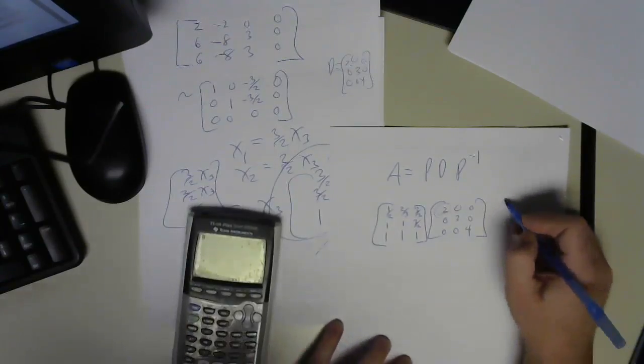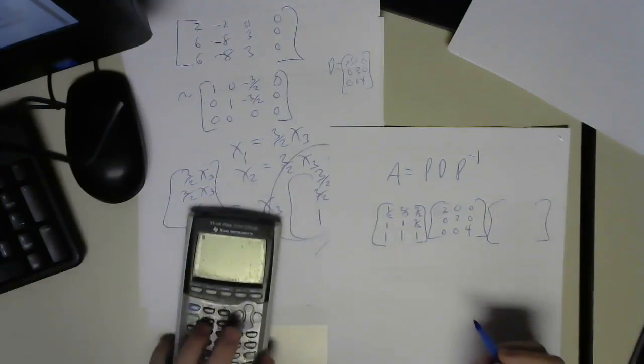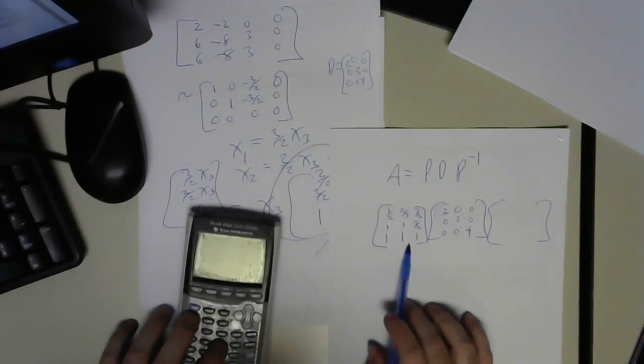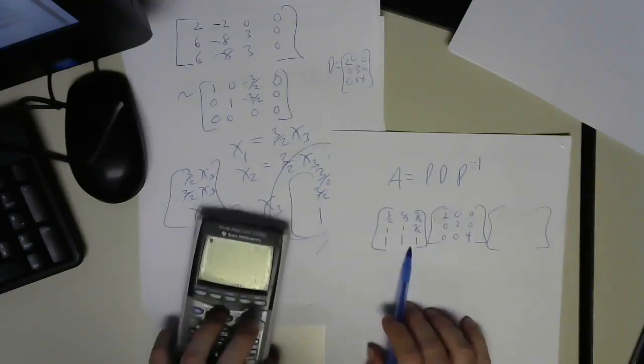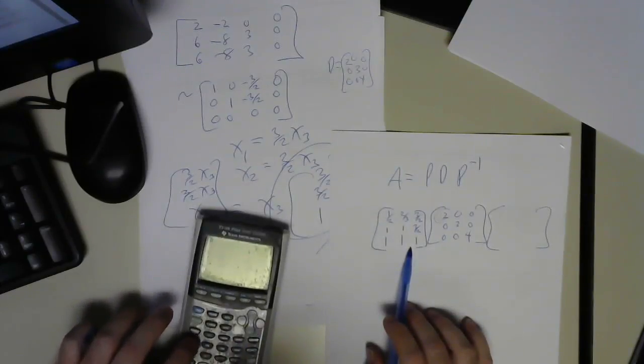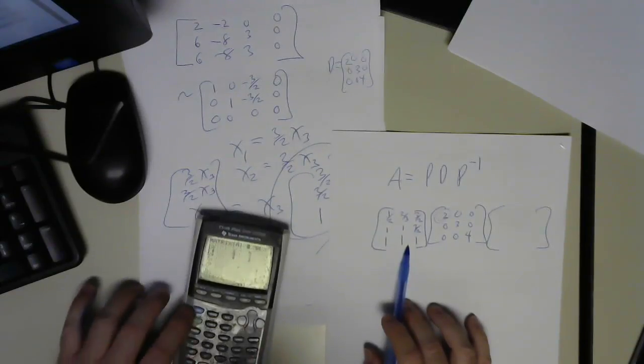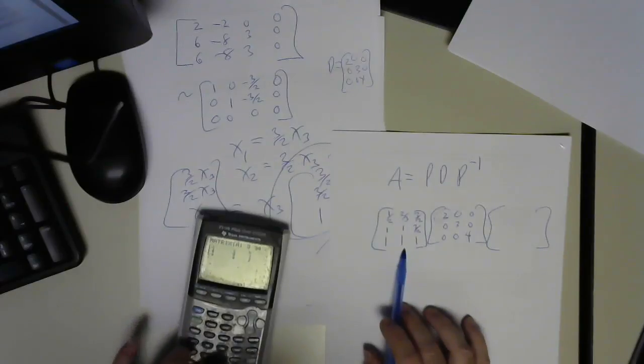I suppose we could find P inverse if we wanted to. But these guys should be linearly independent if we did that right. But I might just find the inverse of this matrix real fast just to make sure. It's a 3 by 3.